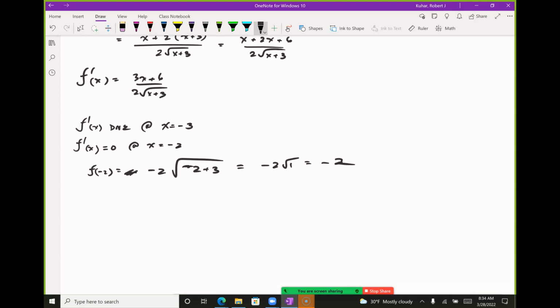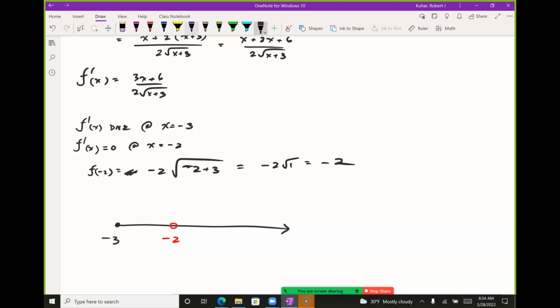So next step is my number line. I know I have a restricted domain of -3 and to the right, and there should be a hole at -2. So I only have one critical value, right? Yes, -3 is a critical value too, but I don't care too much about left of it because it's not in the domain.